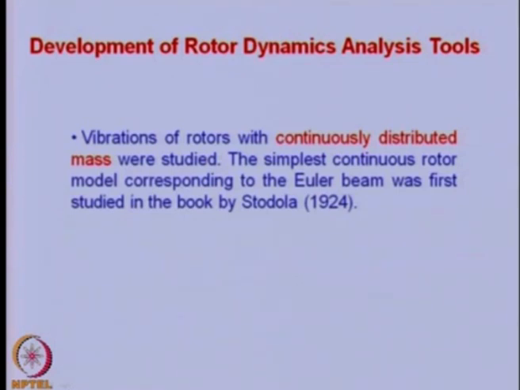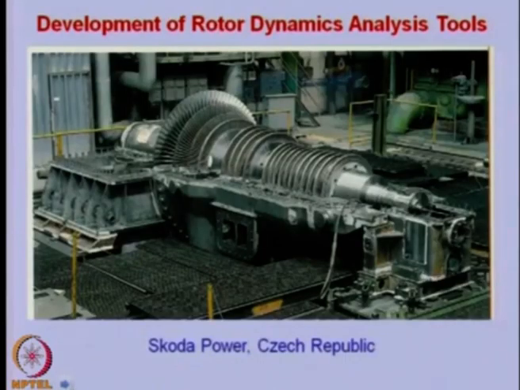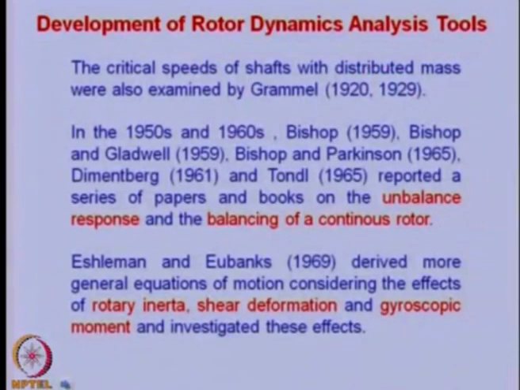The simplest continuous rotor model, corresponding to the uniform beam, was first studied in the book by Stodola in 1924. This is the typical turbine which we can analyze with whatever analysis tools are available to us. The critical speed of shafts with distributed mass was also examined by Gramin in 1920 and 1929.